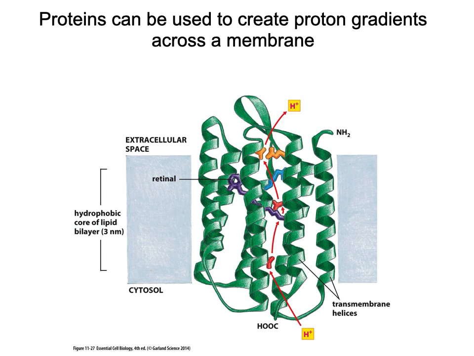With eukaryotic cells, they have their mitochondria, and so this process is going to happen on the membranes of the mitochondria. But we can have these transmembrane proteins, and by the use of side chains, we can take the hydrogen and pass it through this molecule so that we end up pushing protons, hydrogen ions, outside the cell.